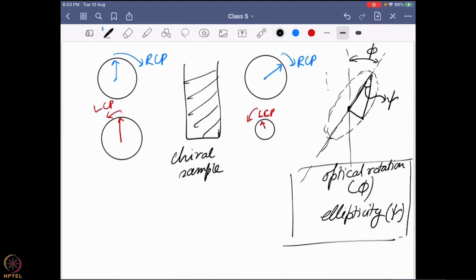What is there in a chiral molecule that it can separate right hand and left hand circularly polarized light? We have some clarification in our mind that the light itself is chiral, so that is why we can create the difference. But exactly what is happening in the molecule, how the molecular structure is connected in such a way that it can interact with the light and detect the right hand and left hand circularly polarized light differently? We'll be answering those in the next class.